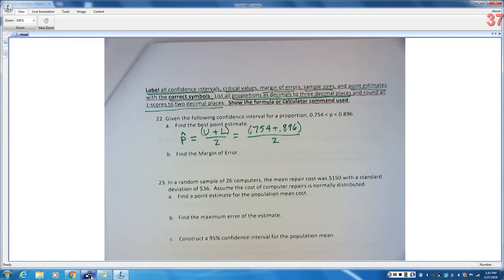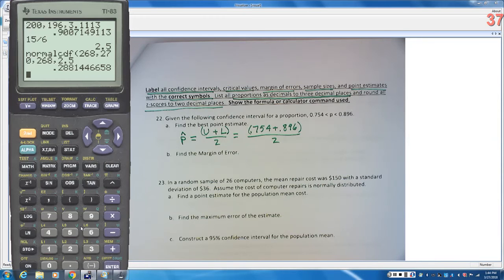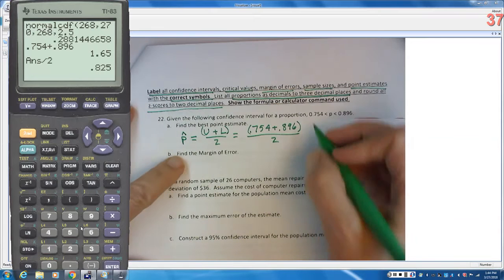Most common mistake is forgetting to divide by 2. You should get something like 1.65, and you divide that by 2. So let's see: 0.754 plus 0.896 divided by 2 is 0.825, and that makes sense.